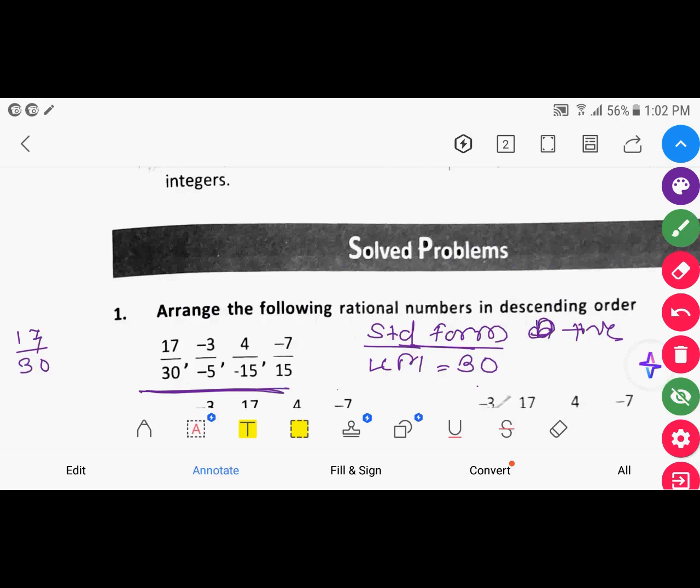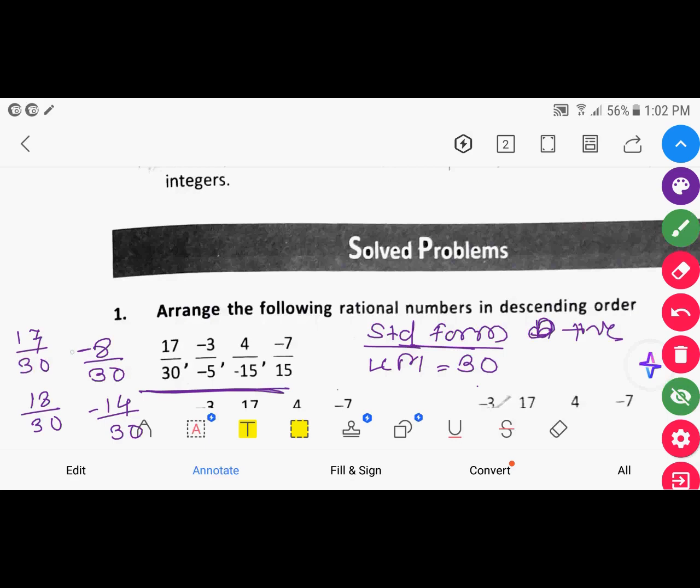The second number becomes 18 upon 30. The third number will become 8 upon 30, but it is minus 8 upon 30. And the fourth number will become minus 14 upon 30.